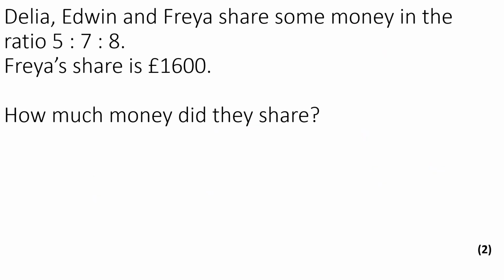Right, this one, sort of similar to last one, but we're going to need the total, but we are not going to get the total until the final bit, which is this part of the question. So we've got Delilah, Edwin and Freya share some money in a ratio of 5, 7, 8. So again, use that table. Delilah, Edwin, Freya, and 5, 7, 8.